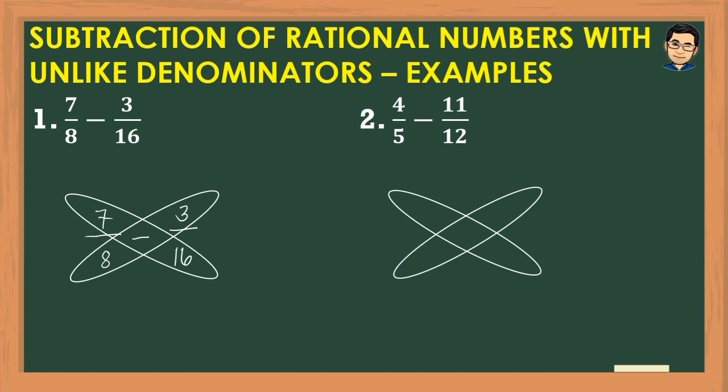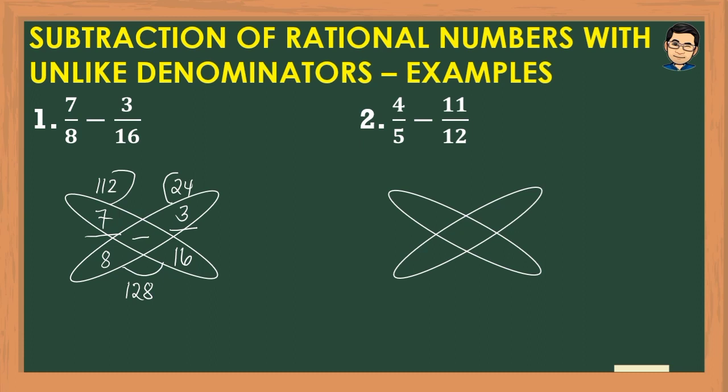And then, kagaya ng ginawa natin sa addition, multiply tayo diagonally. So, magiging 7 times 16, that will become 112. Next, 8 times 3, that is 24. And then, we multiply the denominators 8 and 16, that is 128.